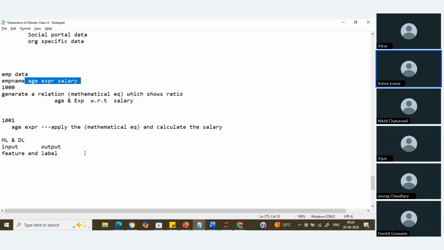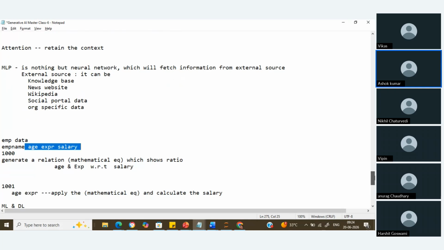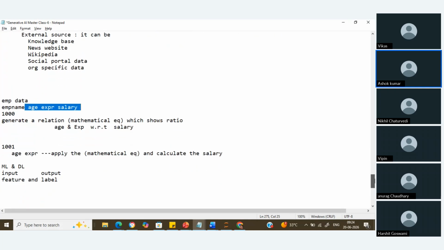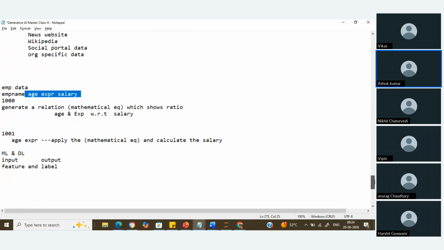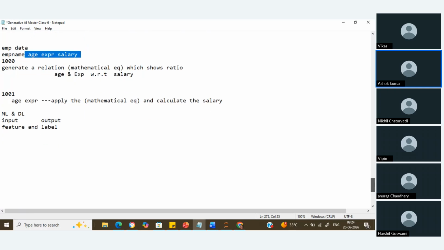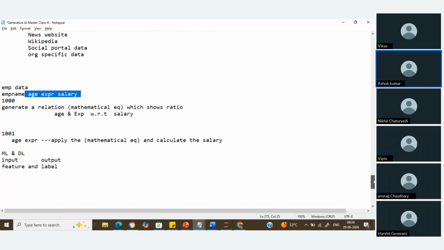But with the help of the transformer architecture, we are able to generate new content. How we generate it is also mathematical, and that's what we are going to learn in our upcoming sessions.